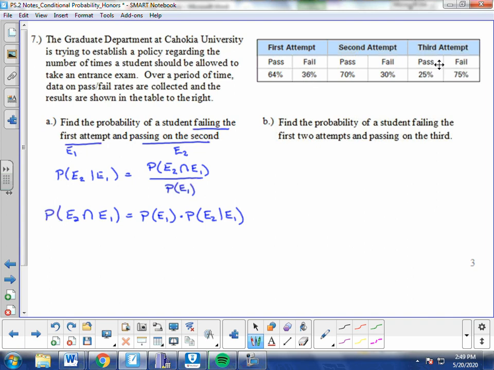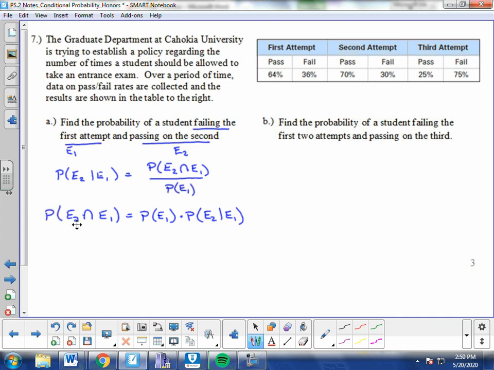And this would be the rate of passing and failing, given that they already failed on the first and second attempts. It makes no sense for a student to pass it and then take it again. That's not going to happen. So this chart has already taken into account the dependence of events.